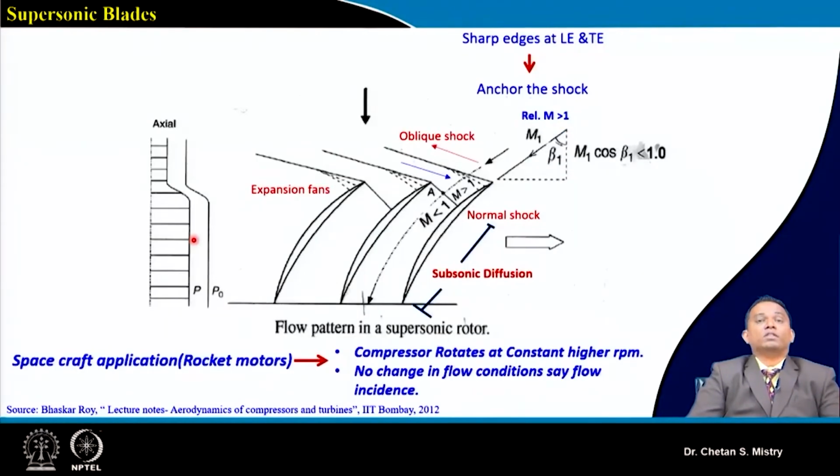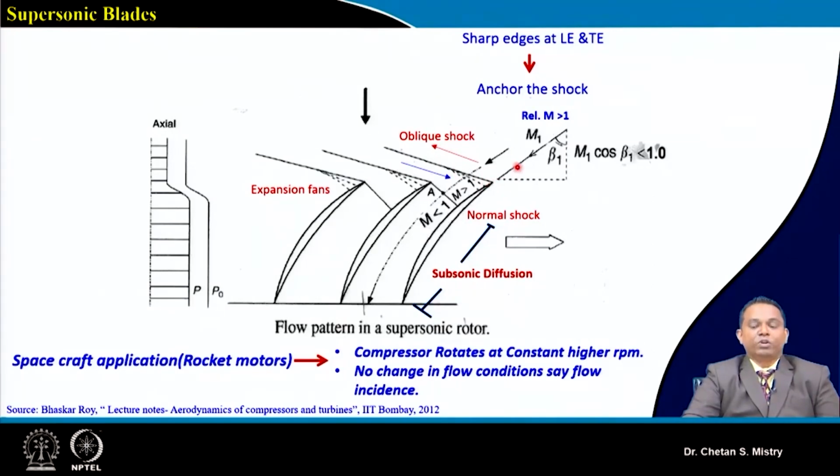Now let's try to understand what exactly is happening here. So we can say this is the aerofoil which is having a sharp leading edge. When my flow enters at supersonic conditions, maybe in the range of 1.2, 1.4, because I'm having a sharp leading edge, the shock will be attached at the leading edge.